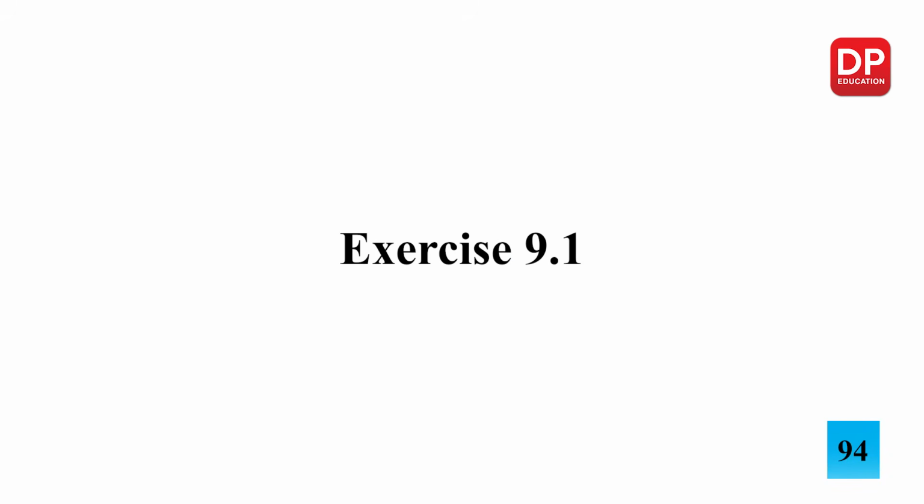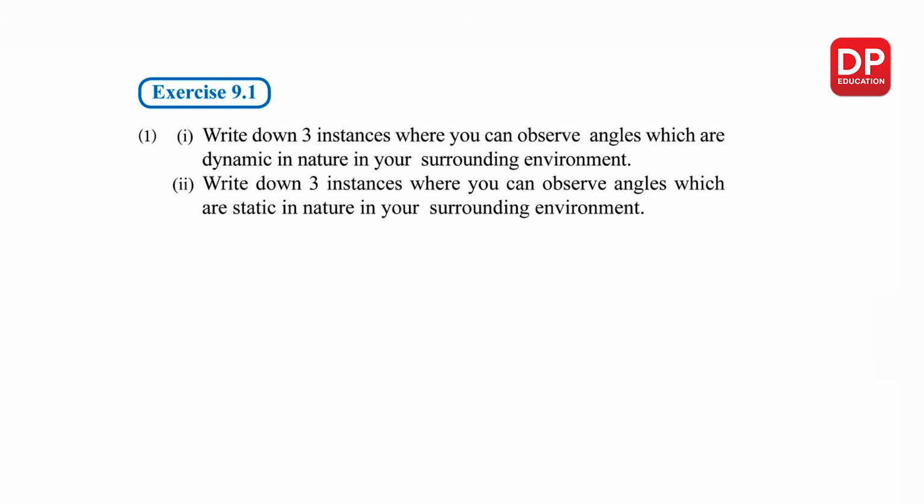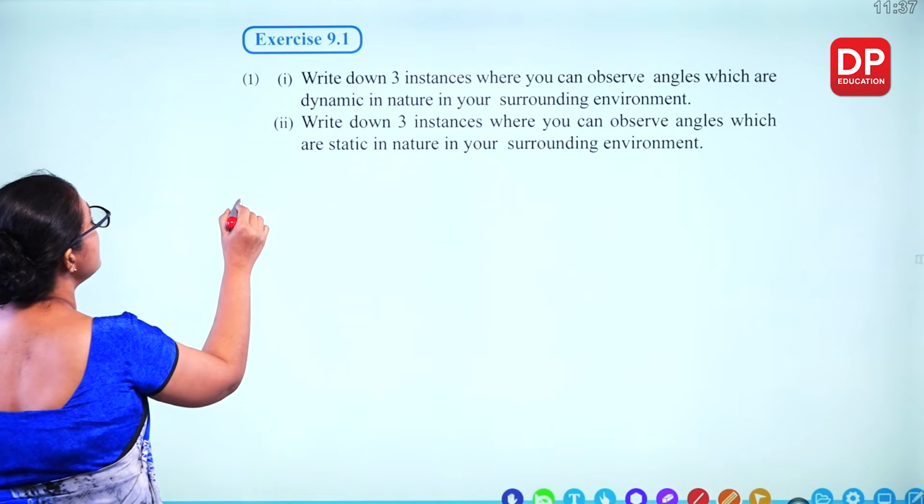Exercise 9.1. Write down 3 instances where you can observe angles which are dynamic in nature in your surrounding environment. What are the 3 instances?